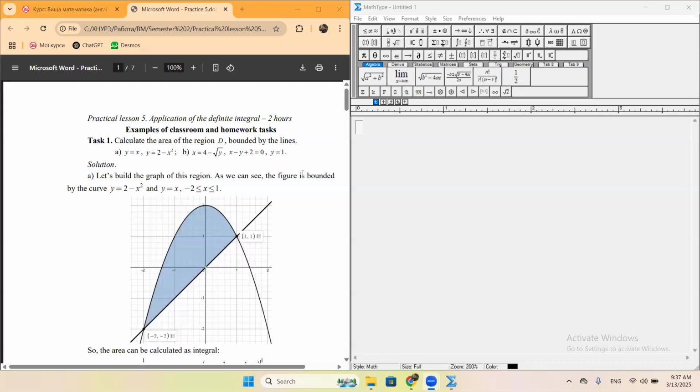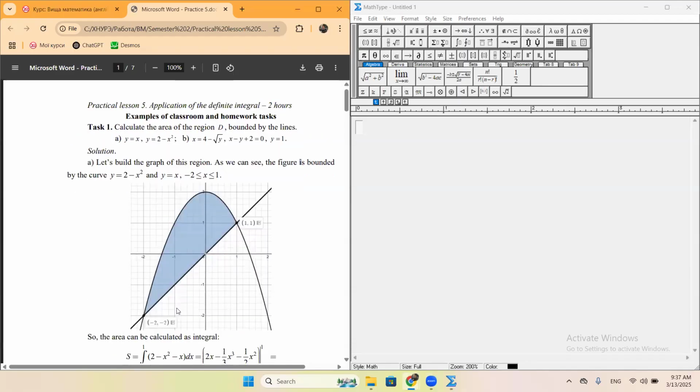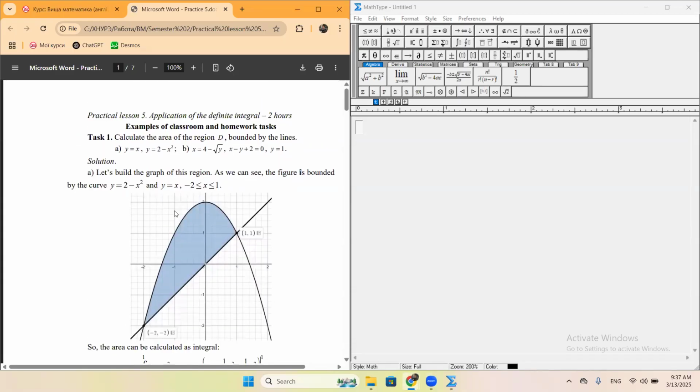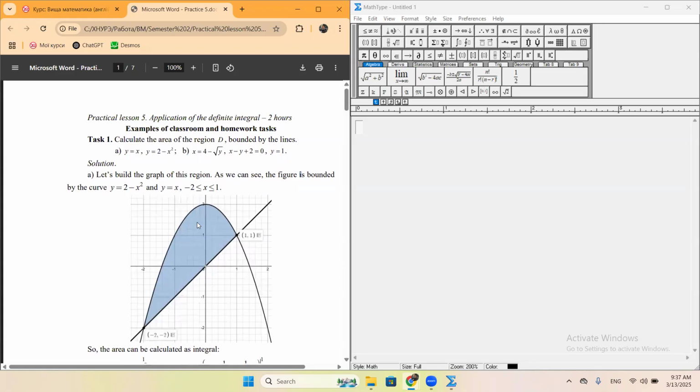So how to find the area of the region? In the first exercise, 1a, we have to subtract. First of all, we draw the graph of these curves, and we see which region is bounded.